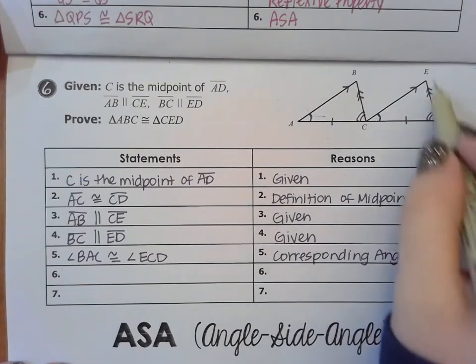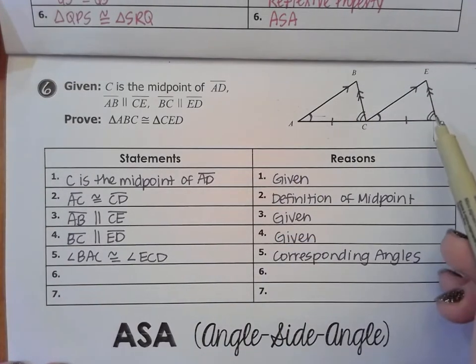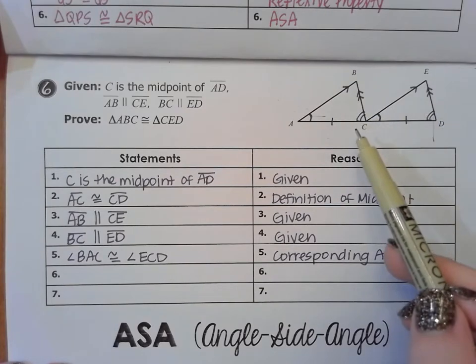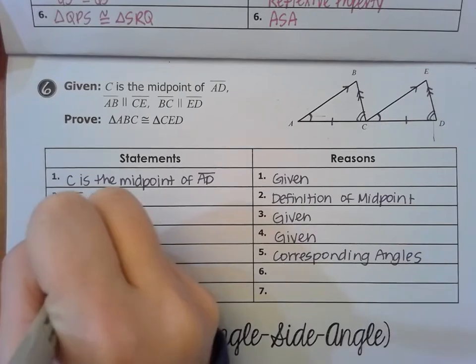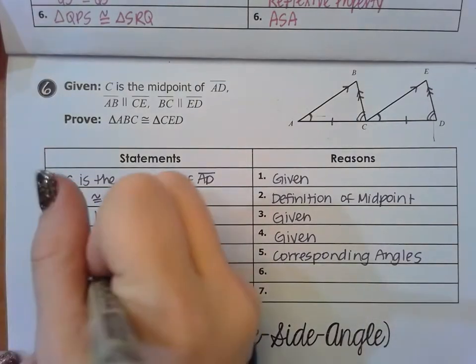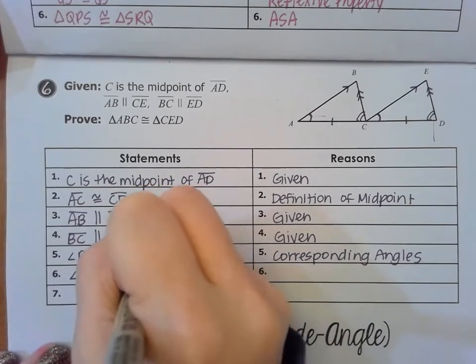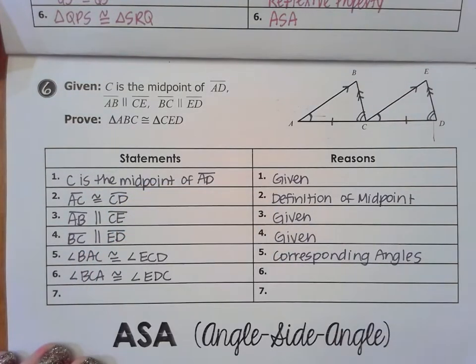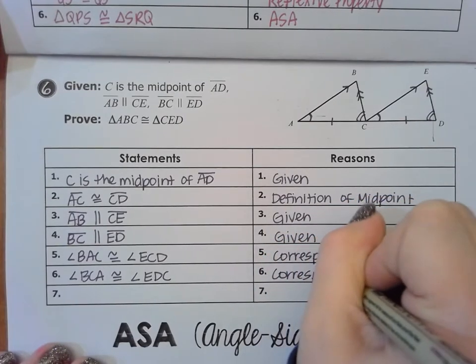Angle CDE and ACB are corresponding angles. They're both to the left of the parallel lines above the transversal. So angle BCA is congruent to angle EDC because they're corresponding angles.